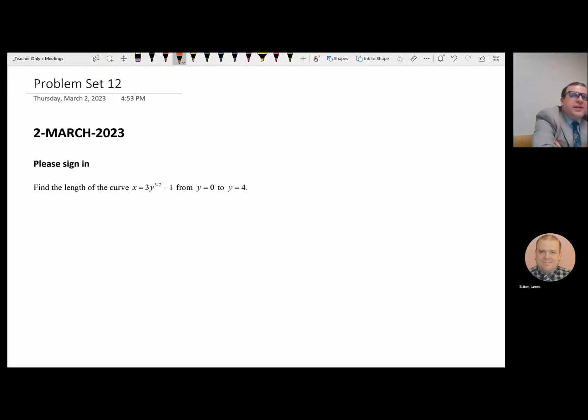Right, 2 formulas for arc length. Integral a to b of the square root of 1 plus dy dx squared dx.